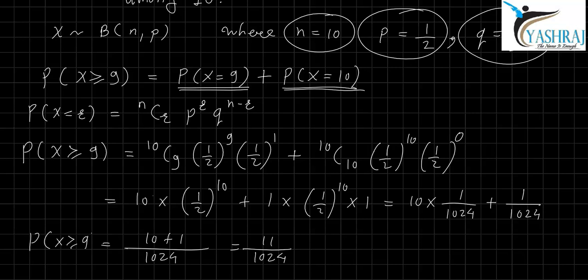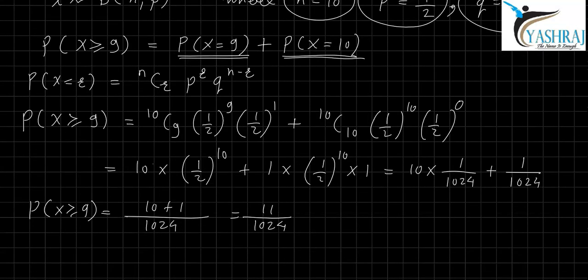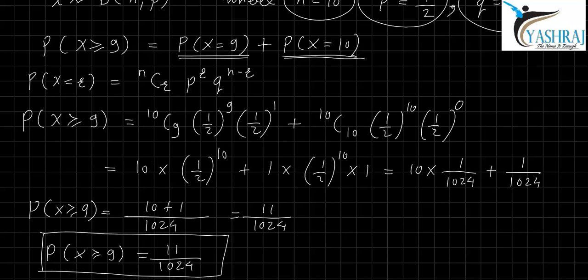So the probability of getting at least 9 correct answers among the 10 true-false type objective questions is 11 divided by 1024. Look at the next question now.